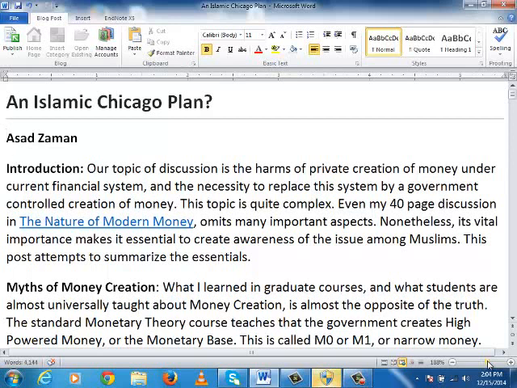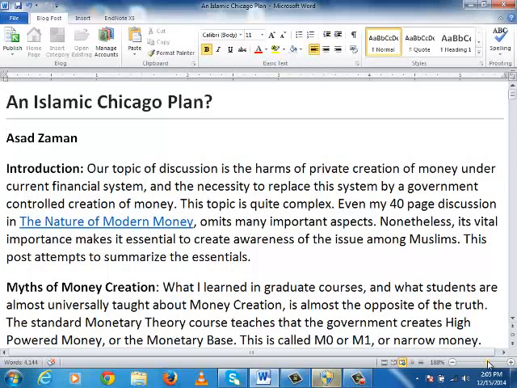Now, the standard view of monetary theory, the one which is taught in nearly all undergraduate textbooks and most graduate textbooks, is that the government prints a certain amount of money, let's say 100. Then there is something which is called the deposit multiplier or the money multiplier. It's actually the reciprocal of the reserve ratio.